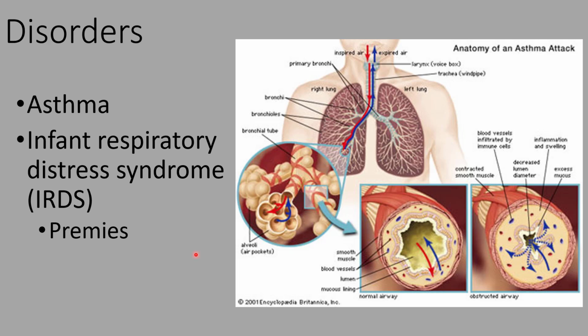Let's talk about a couple more disorders. First, asthma. Asthma is what happens when the walls of those small air tubes, like the very small bronchioles, become thickened. So the mucosal layer, which is generally pretty thin, allows for a pretty large open area. Remember, the open area of any hollow organ is called the lumen.